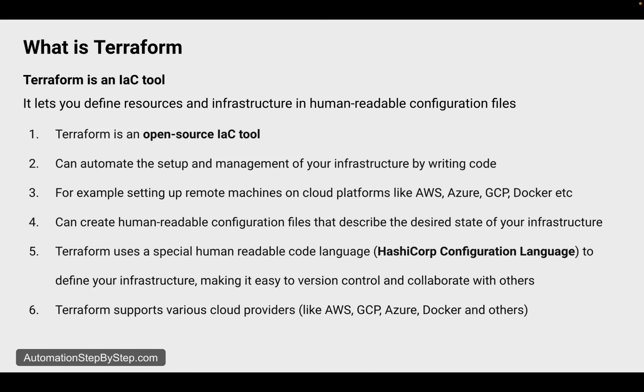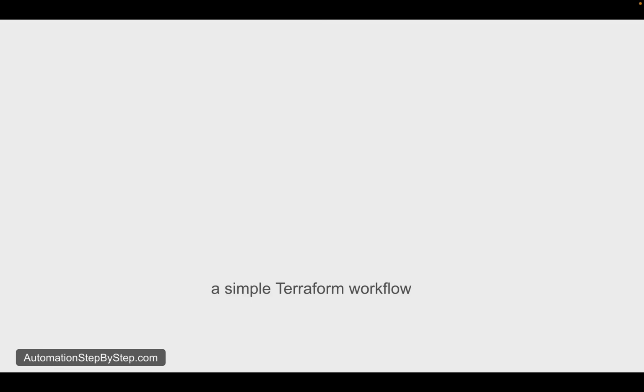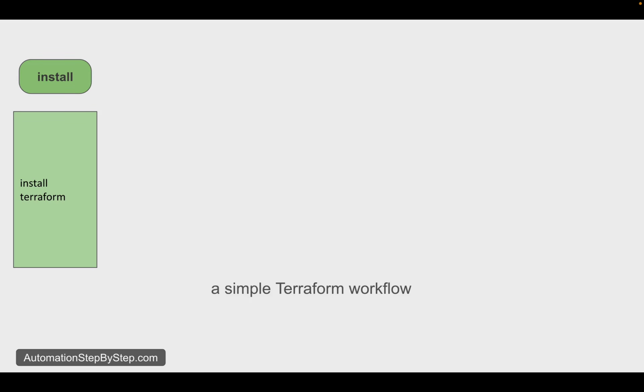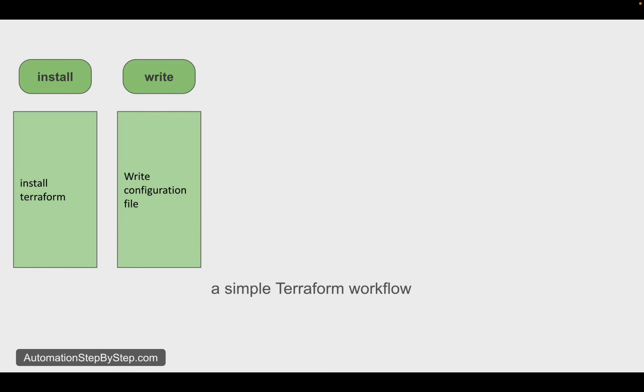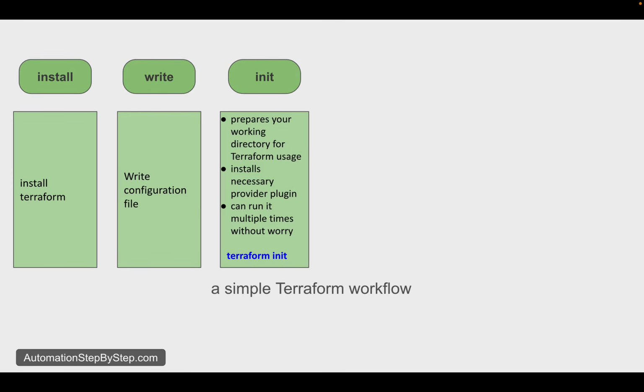Okay, if we look at a very simple Terraform workflow, we install Terraform on our operating system, whether it is Windows, Mac, Linux, etc. Then we write the configuration files. Then we go to the init step where we run the command terraform init, and this basically prepares a working directory for Terraform.